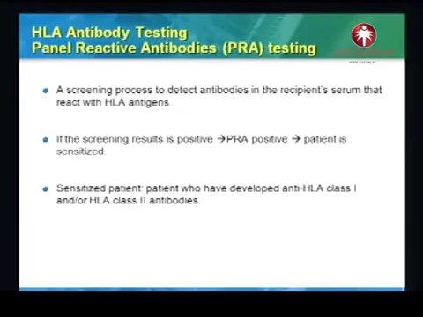So basically testing the patient's serum whether he has antibodies or not. If the screening process shows positive results, we say that this patient is PRA positive, as simple as that. And we also say that this patient is sensitized, and the definition of sensitization is a patient who has developed anti-HLA class 1 and or anti-HLA class 2 antibodies.